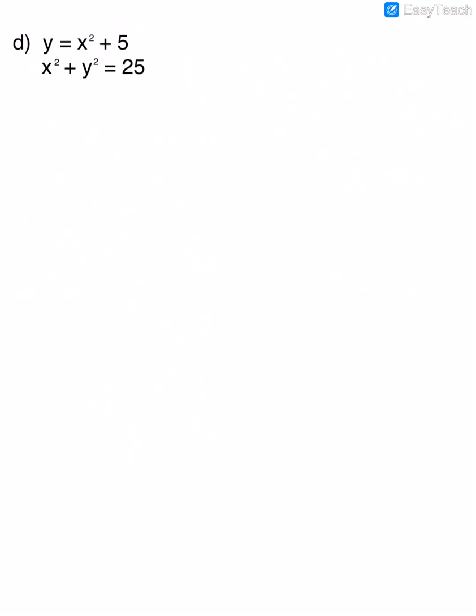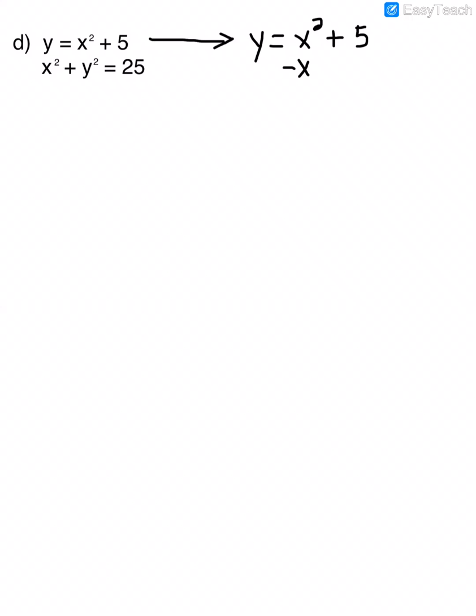Okay, we have one more that we're going to solve by using addition. So remember, we need to get things lined up. Well, these are not both the same type of equation, so they're not going to line up perfectly, but we need to line up anything that we can. So in this first equation, I am going to rearrange it to get the x squared on the same side of the equation as the y.